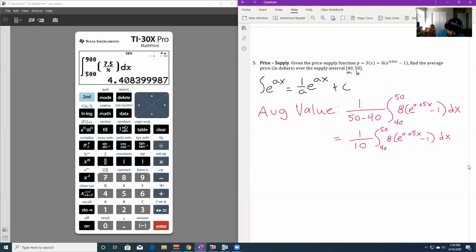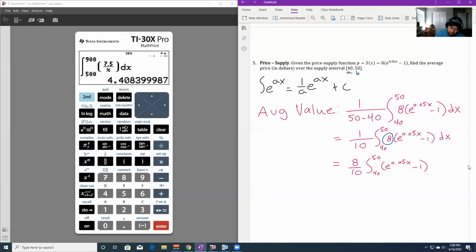So this 8 is coming outside because 8 times 1/10 is 8/10. So that's where that 8 is going. Okay. So we'll get 8/10 times the integral from 40 to 50 of e to the 0.05x minus 1 dx.